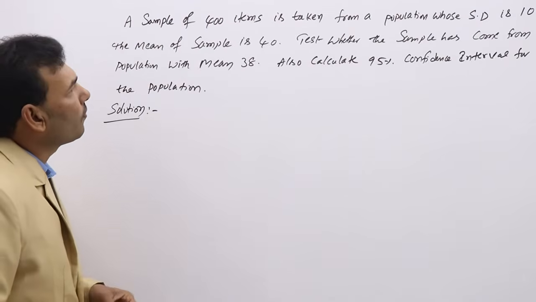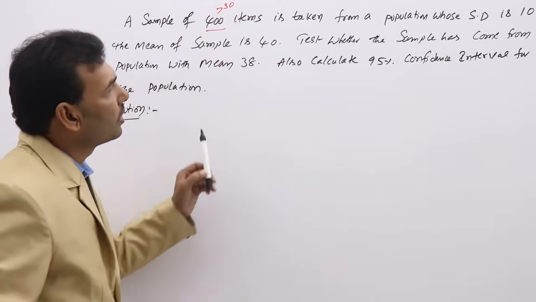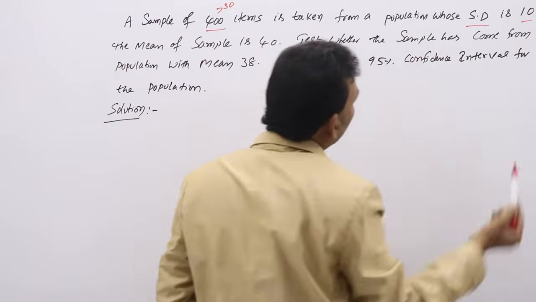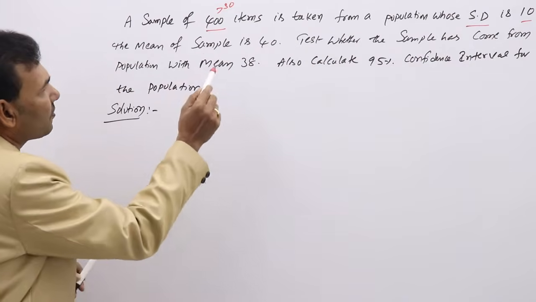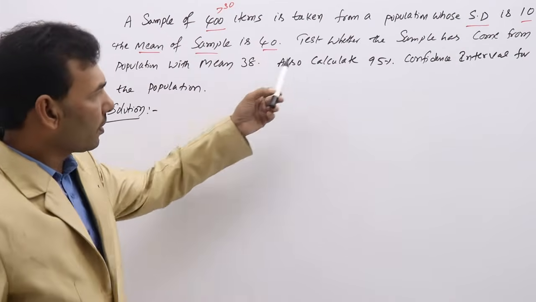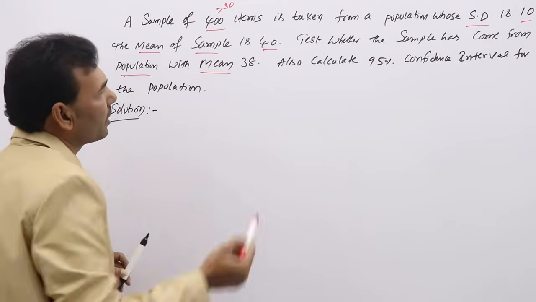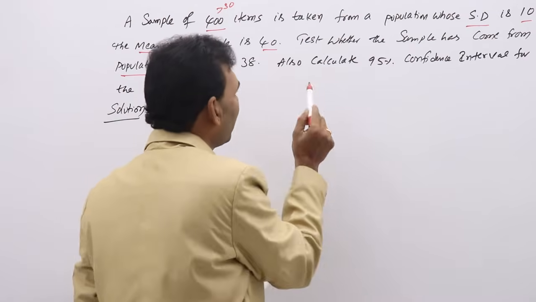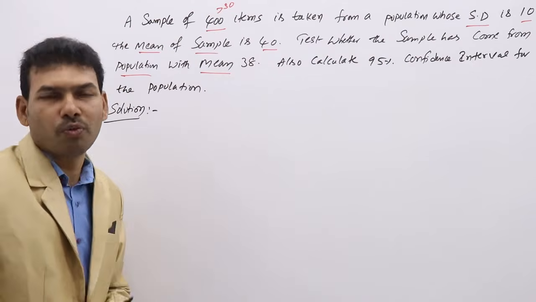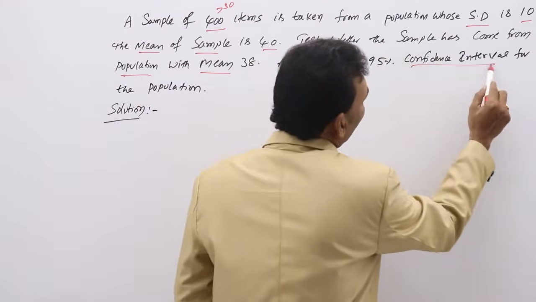A sample of 400 items, sample size greater than 30, so a large sample, is taken from a population. SD is given. The mean of the sample is given as 40. Test whether the sample came from a population with mean 38, and also calculate the 95% confidence interval for the population.